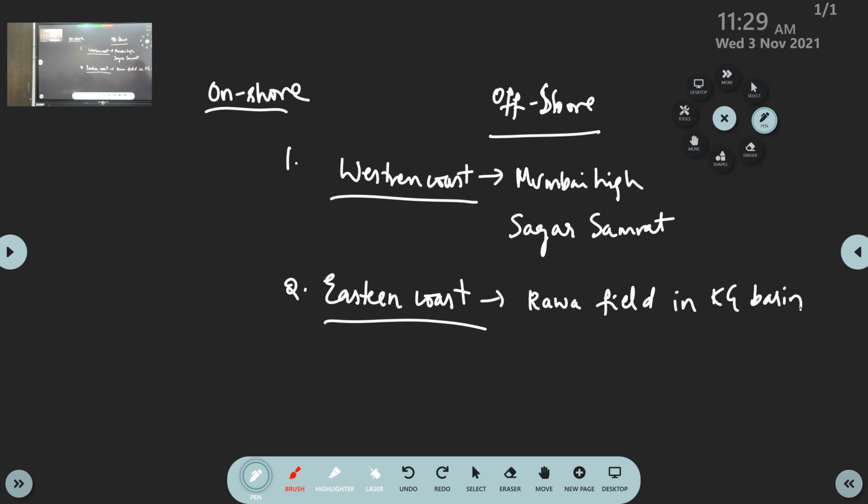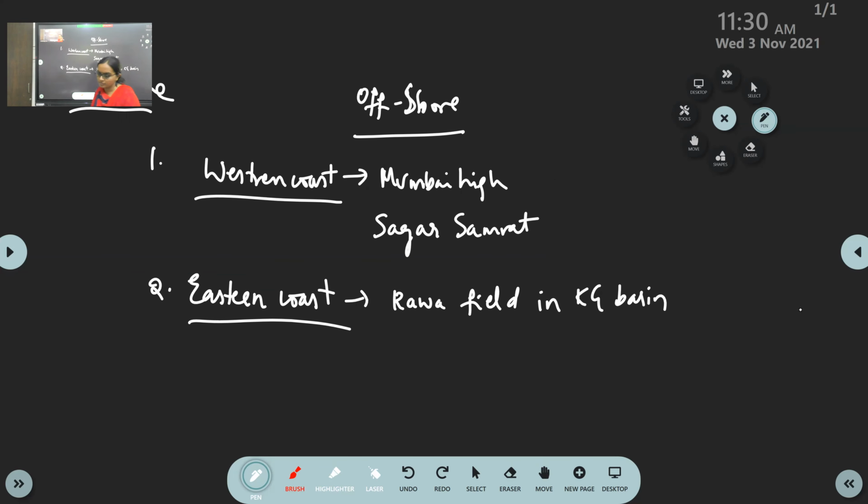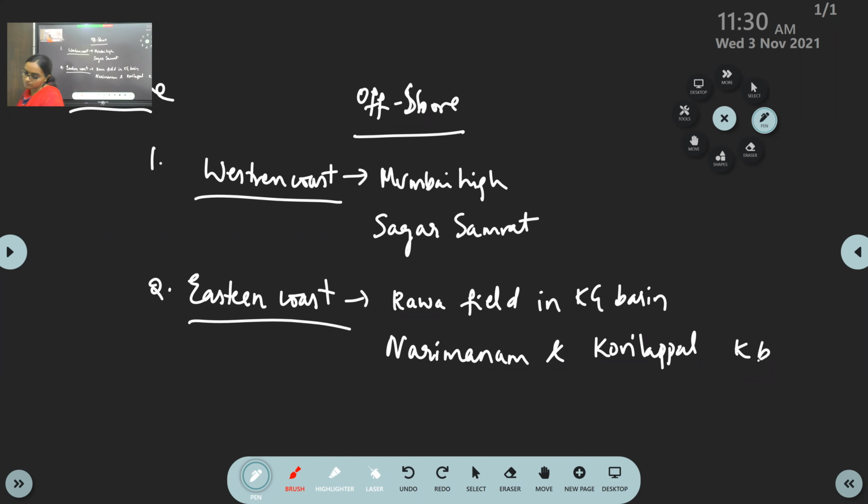And Narimanam and Kovilapallu oil fields in the Kaveri basin.